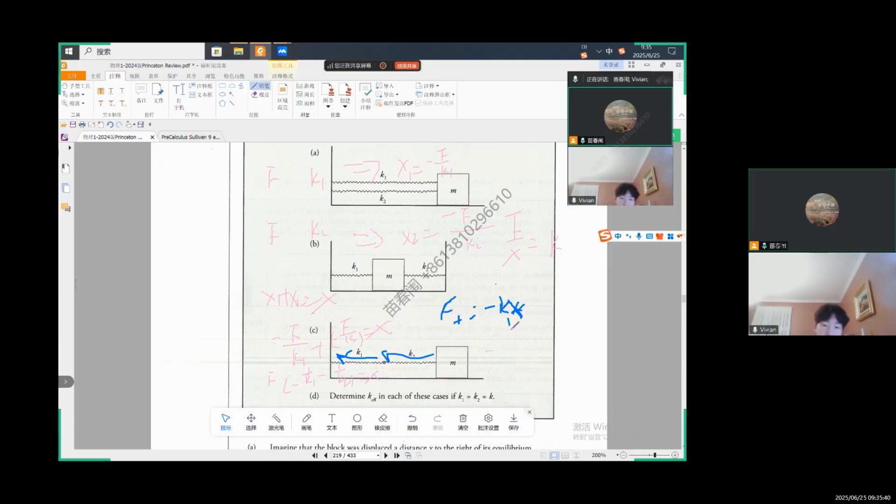So it's negative F over X equals 1 over K1 plus 1 over K2. Is that making sense? So eventually, if I find a common denominator and then flip, it's K1 times K2 over K1 plus K2. Is that making sense?